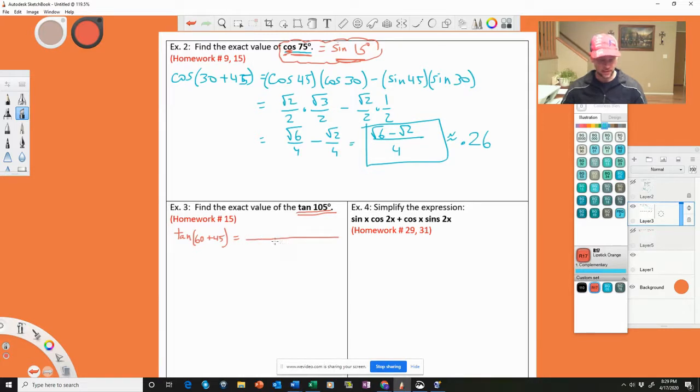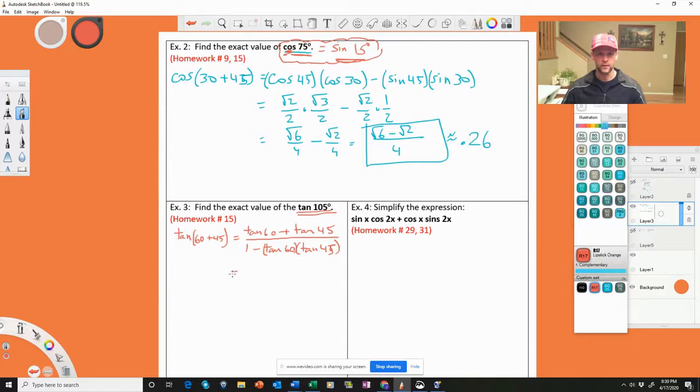But if you look at the tangent formulas, you'll see that this is going to equal the tangent of 60 plus the tangent of 45 divided by 1 minus the tangent of 60 times the tangent of 45.